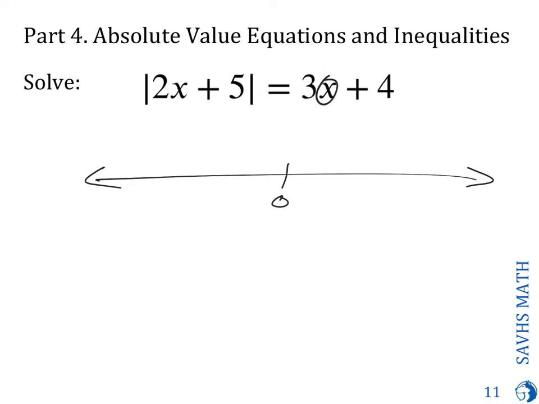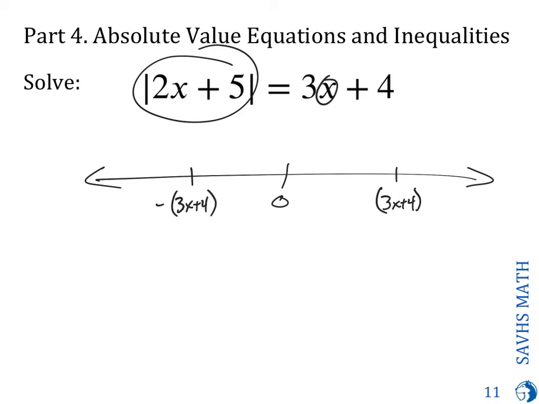And now what I'm going to say is, well, we want this stuff to be 3x plus 4 units away from 0. So it could be the positive 3x plus 4 away from 0, or it could be the negative 3x plus 4 away from 0. So we're trying to explore both options where we're that far away from 0, because that's what absolute value says. It's a distance from 0.